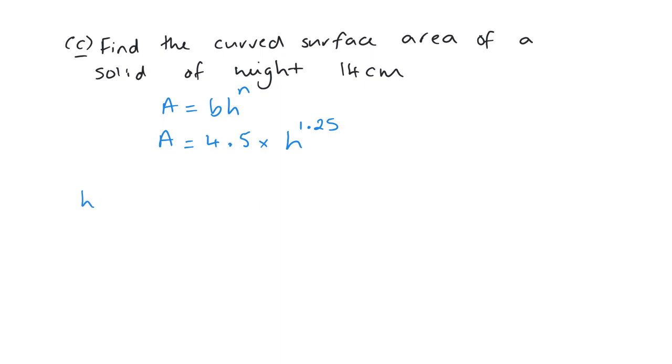So when h is 14, a is going to be 4.5 times 14 to the power of 1.25. Put that into your calculator and we get 121.86. And remember, it's area, so our units are centimeters squared.